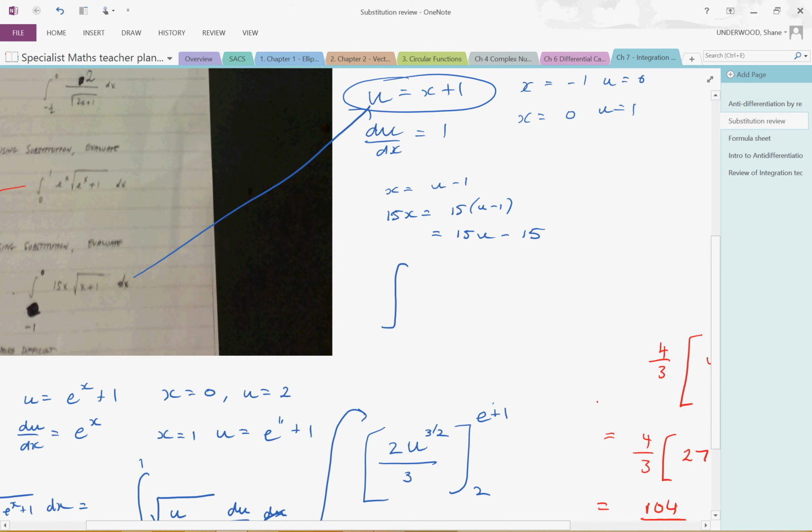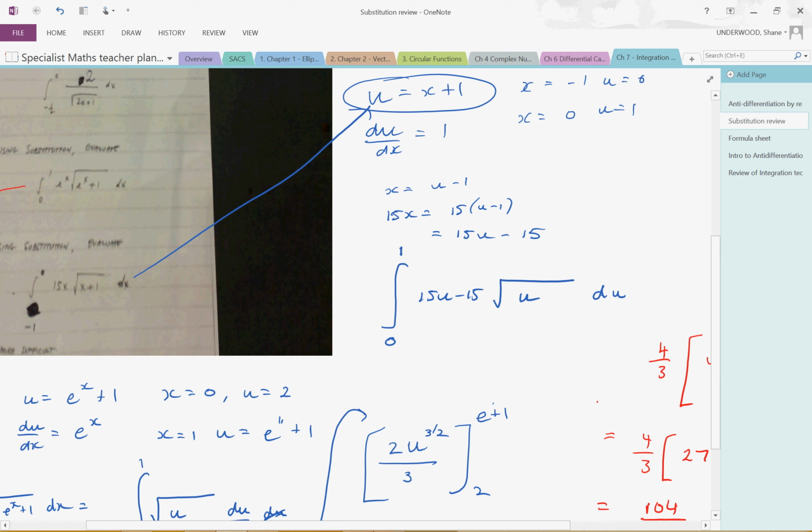So now when I do my integral sign, I'm going to just change the integrals and skip a step or two, but because we've done that already before, we're going to go from 0 to 1. 15x is 15u minus 15, the square root of x plus 1, which is just u. And then that is du. And what's du dx? That was just 1.